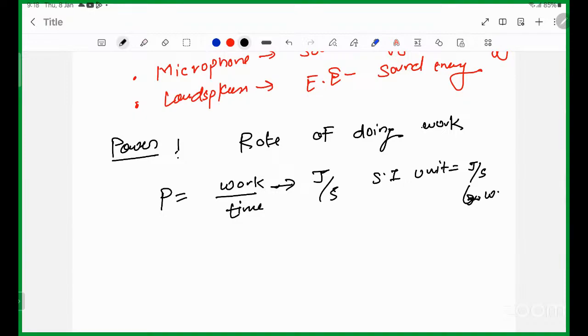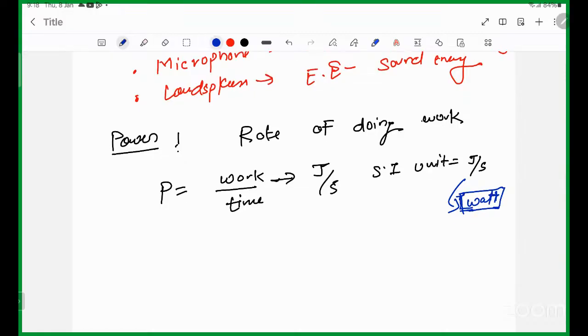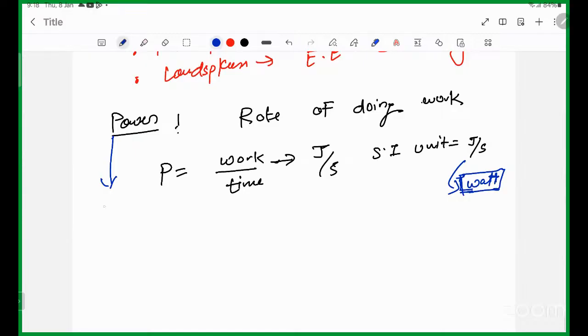That is given by the scientist James Watt; on his name, this SI unit is given. Power is also a scalar quantity, just like work is a scalar quantity.